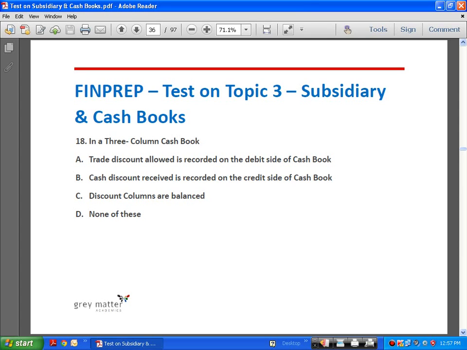Okay, so this question is with respect to trade discount and cash discount. First of all we need to understand the distinction between trade discount and cash discount. I had discussed this in the previous review session, but I'll just quickly take you through that.